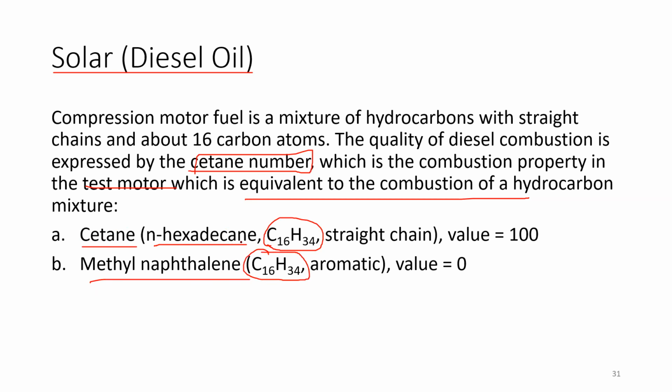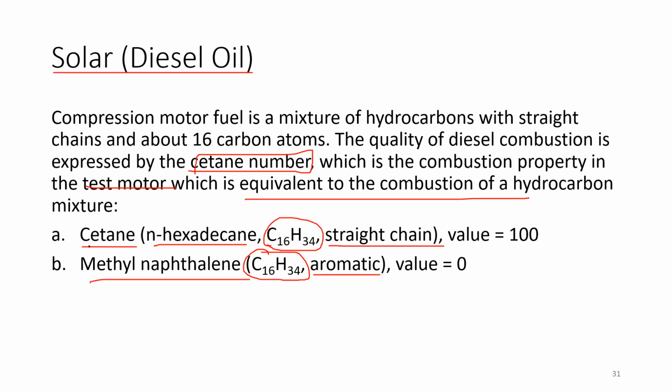The difference is the type of the chain. N-hexadecane is a straight chain, in aliphatic form, whereas methyl naphthalene is in aromatic form, or in the kind of ring, an aromatic ring.